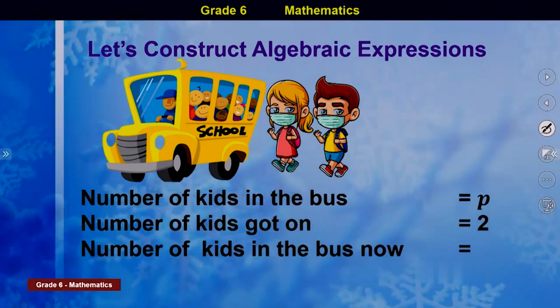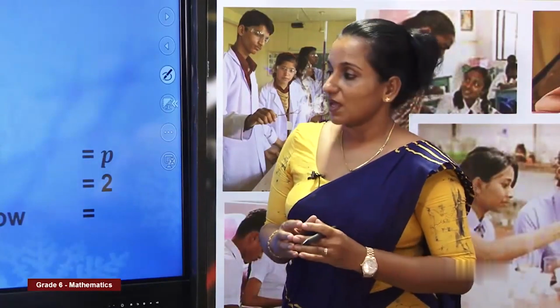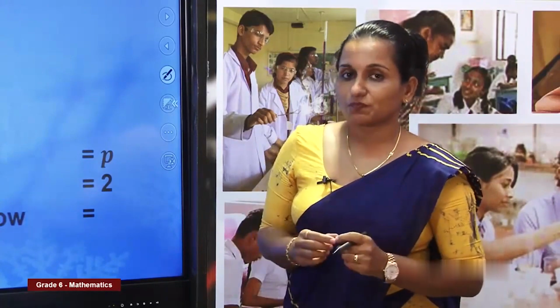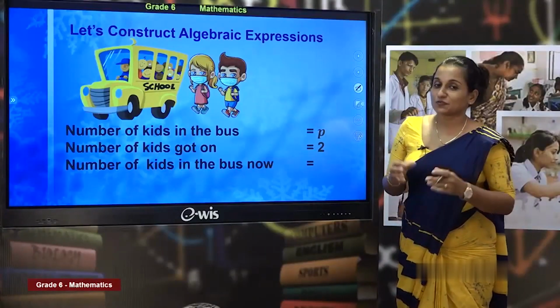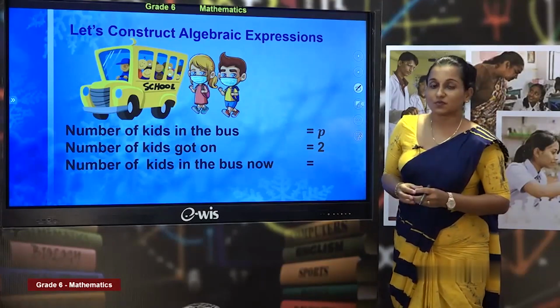Number of kids in the bus is an unknown. Therefore, I used an algebraic symbol for that. Then the number of kids got on is 2. What should we do to find the number of kids in the bus now?